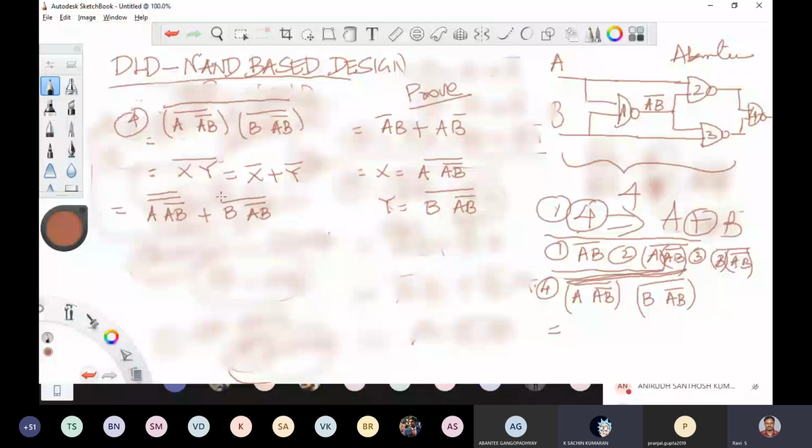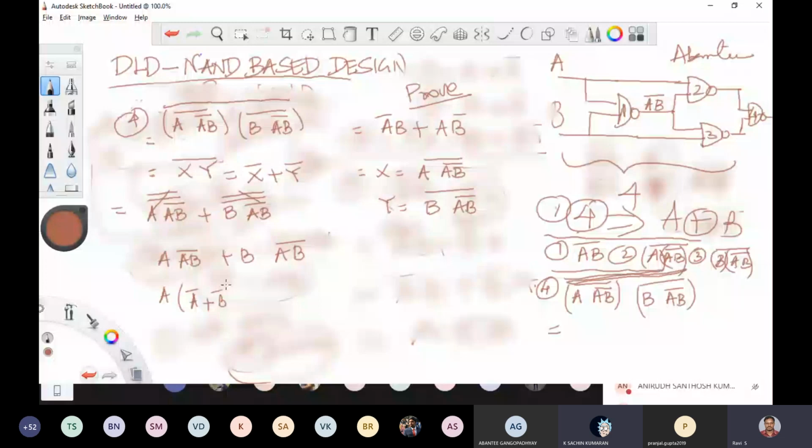According to De Morgan, the double bar is cancelled. So now your expression is AB whole bar plus AB whole bar. Correct? So now I can write this AB whole bar again as A bar plus B bar, and then again AB whole bar as A bar plus B bar.